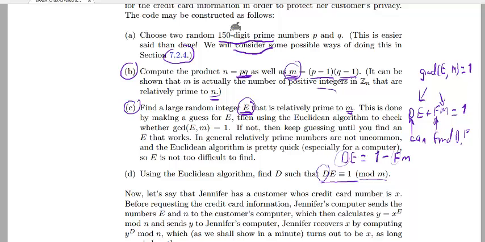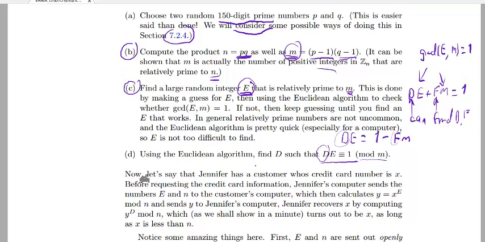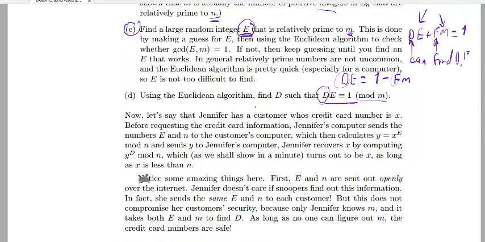All right. Now, here's the way it works, and we'll see later why it works. Suppose we have Jennifer who runs a boutique, and she has a customer whose credit card number is X. First, Jennifer's computer sends the numbers E and N. So this is the public key. Now, if the customer has E and N, then the customer can compute X to the E mod N. The customer then sends the result to Jennifer.